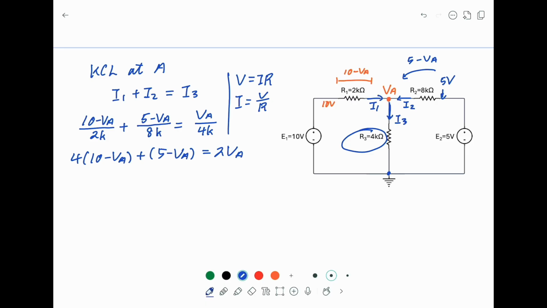After you expand and rearrange, you should get 7VA equal to 45. So VA equals 45 divided by 7 volt, or equal to 6.429 volt.